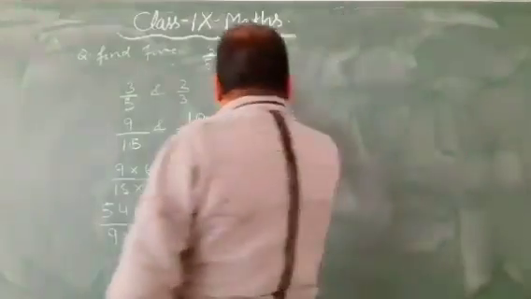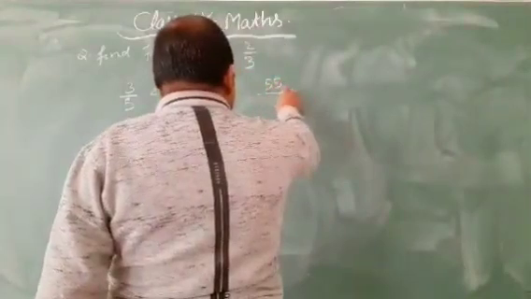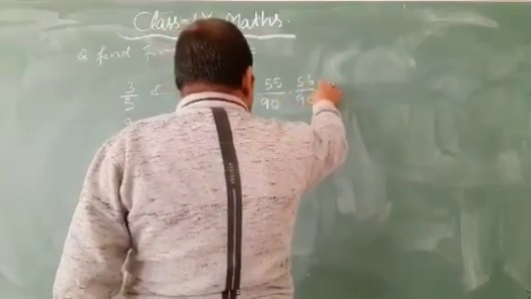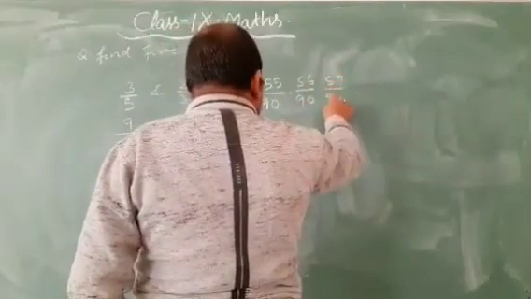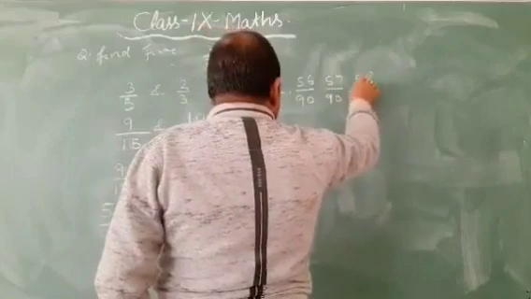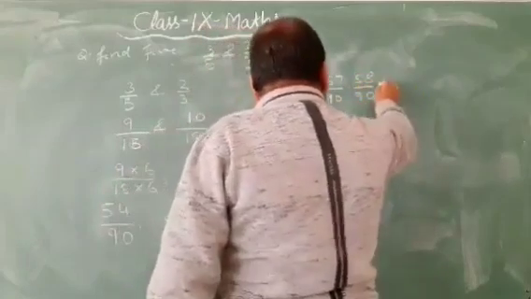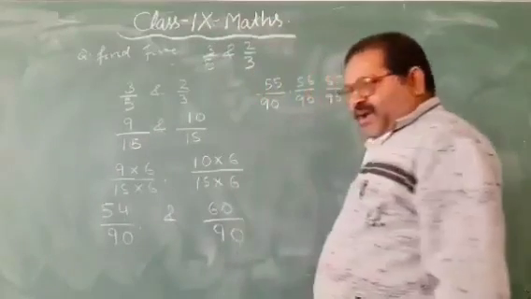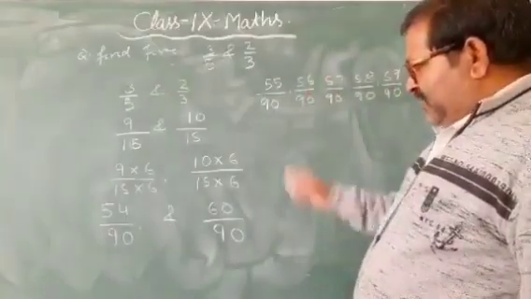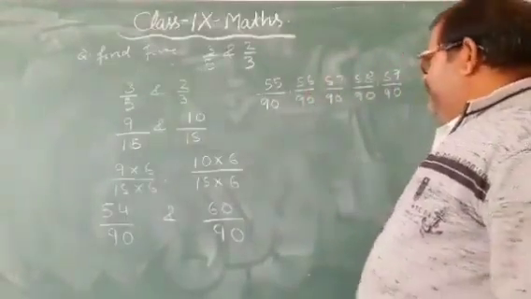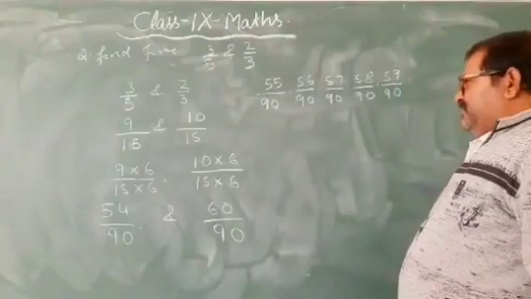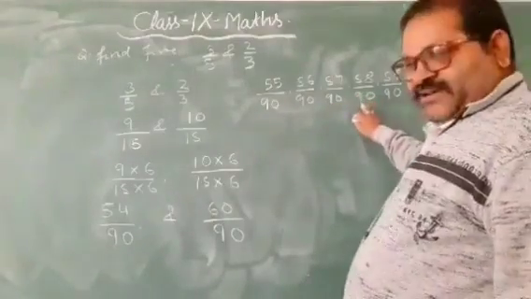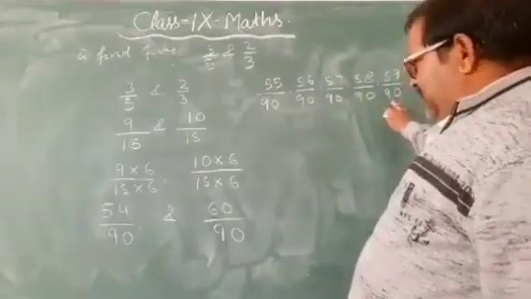So the numbers 55 upon 90, 56 upon 90, 57 upon 90, 58 upon 90 and 59 upon 90 are the 5 rational numbers between the given numbers.